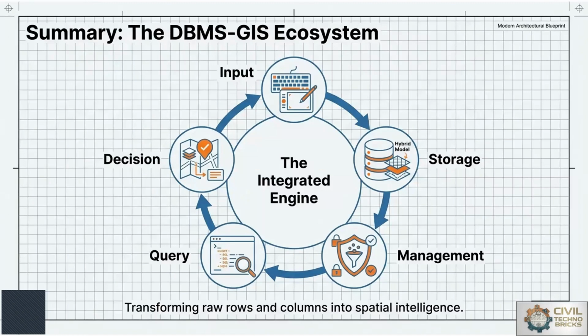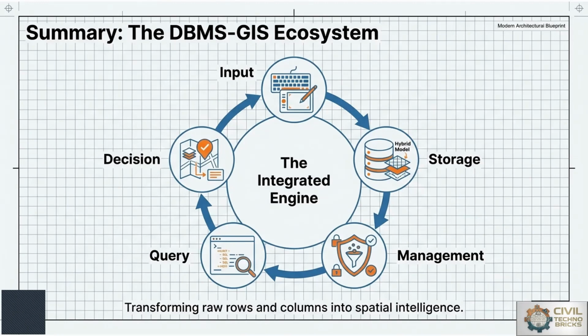Moving towards the database management system or the geographical information system ecosystem. Why is that whole cycle there? Because this is a cyclic and continuous process from the input up to the decision making process, then again input. The components of an integrated system are three primary components: the spatial data store, attribute database, and interface layer. The spatial data store manages coordinates and topology, while the attribute database handles text and numerical data using relational database principles.